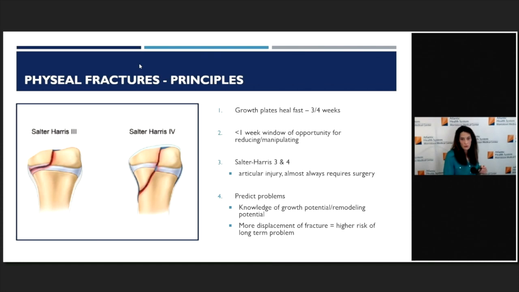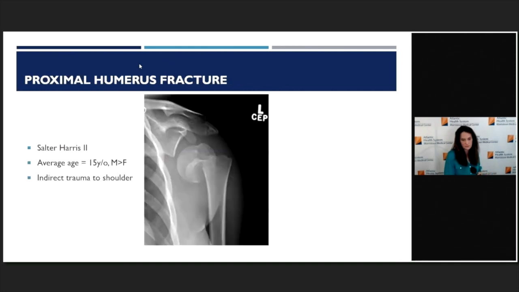Salter-Harris 3 and 4, where they go into the epiphysis and into a joint, usually or oftentimes require surgery. And then we need to put a bunch of these pieces of the puzzle together to predict problems. So we have to get a sense of what growth potential is left in a child, as well as remodeling potential. And essentially, the more displaced the fracture is, so the worse the fracture is, the higher the risk is for a long-term problem.